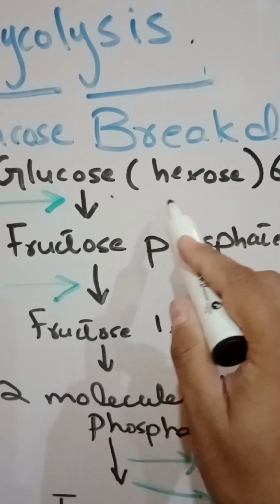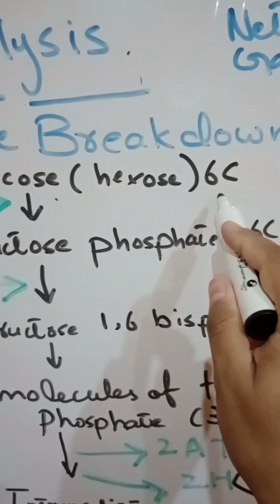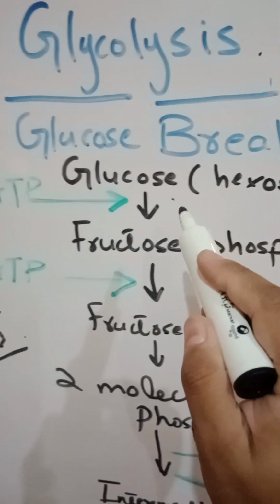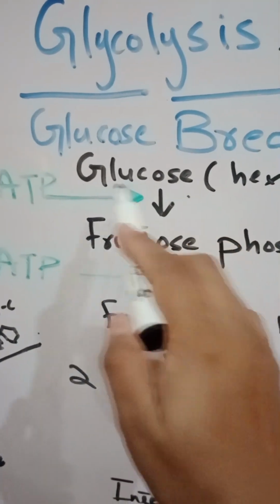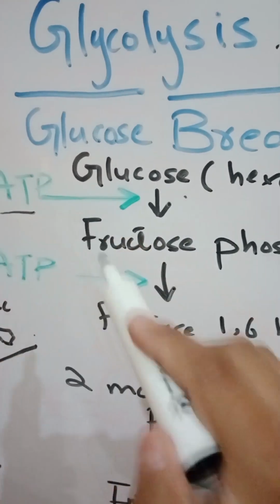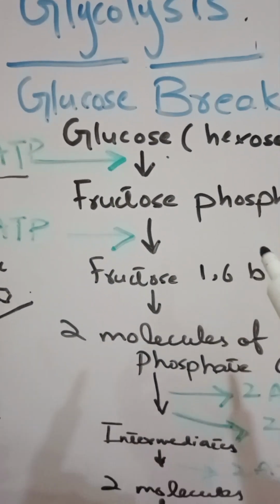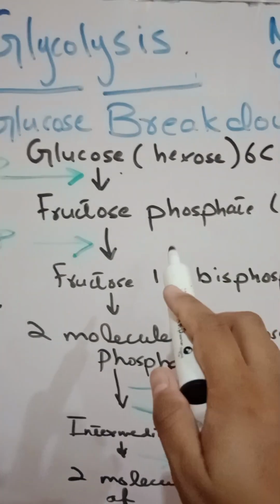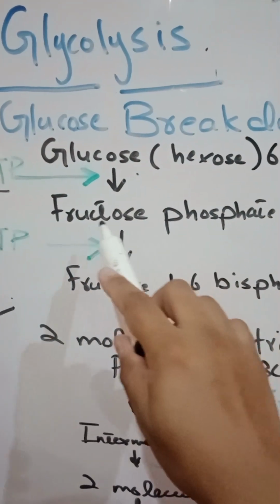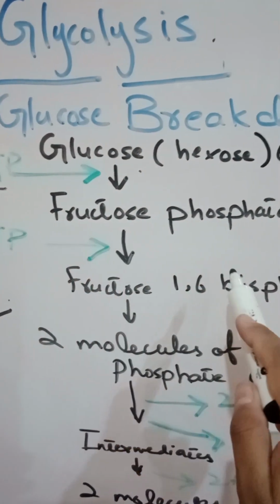Glucose is a hexose, which is a 6 carbon sugar. In this glucose, an ATP molecule will be added in the process of glycolysis. Glucose is converted into fructose phosphate in the next step.